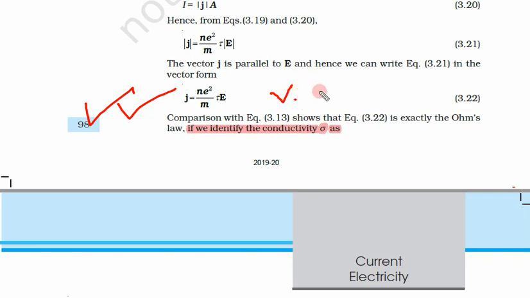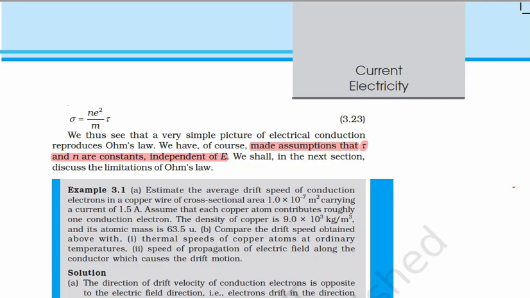This is very important for exam purposes: prove Ohm's law using the drift concept of electrons. So sigma is equal to n e squared tau by m, and J is equal to sigma E, which is also Ohm's law.